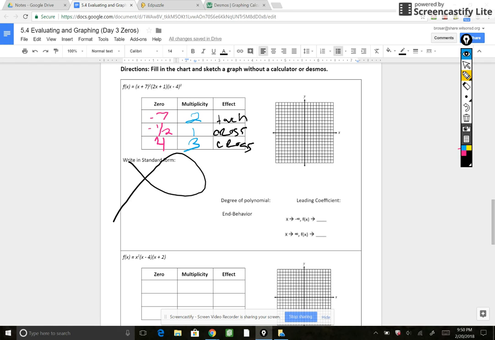We're not writing it in standard form, so X that out. The degree of my polynomial is adding up all the multiplicities. So 2 plus 3 plus 1 is 6. My leading coefficient is going to be positive because all my front numbers are positive. So even and positive gives me up and up.